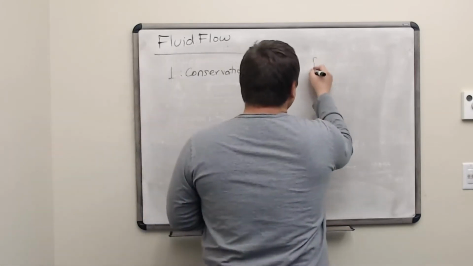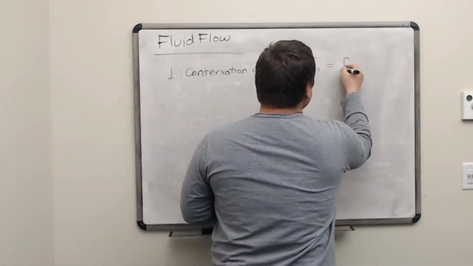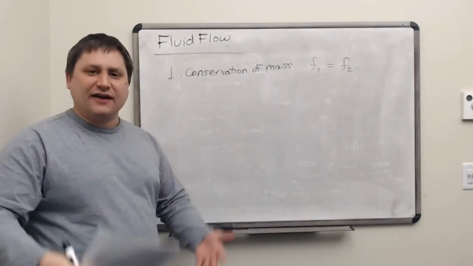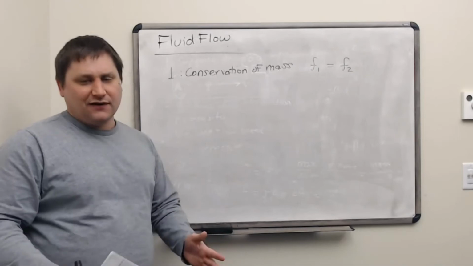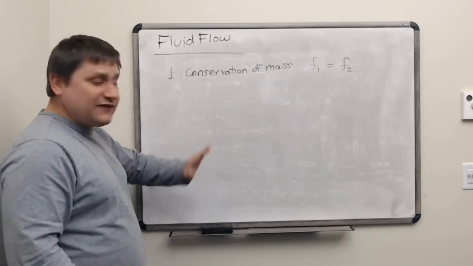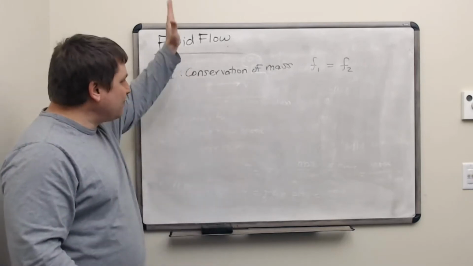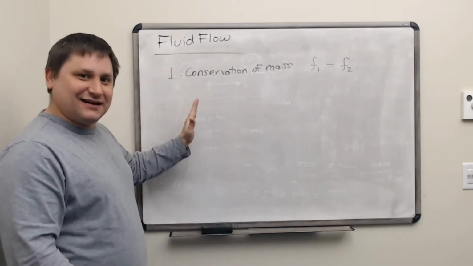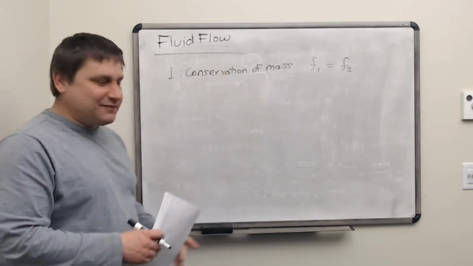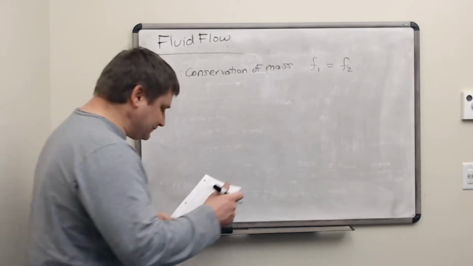So we have a condition that the fluid mass flow rate, F, should be equal at all cross sections of the pipe. So no matter how big it is or how fast the fluid is moving, or even if its density changes, if you put up a gate and count how much mass goes through that cross section of the pipe, it should be the same at any place.